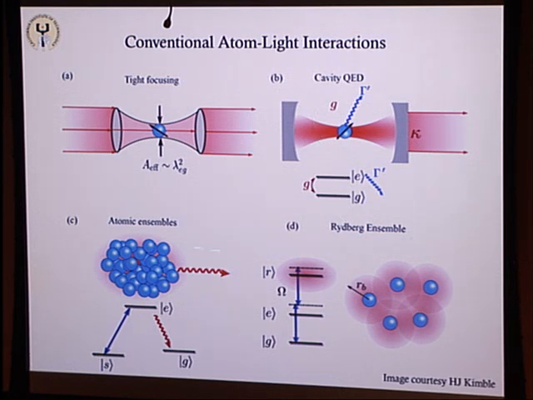You can do some other things where instead of one atom strongly coupled to a cavity, you have a whole bunch of atoms, and now the figure of merit goes as the optical depth of the system, or how well your laser is attenuated through the system. By utilizing different energy structures, you can also create quantum memories for these.